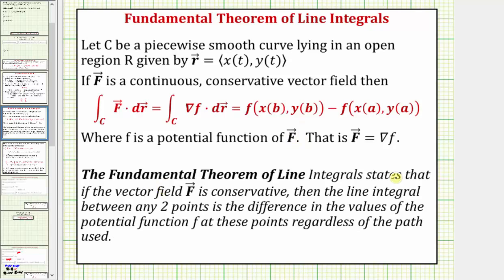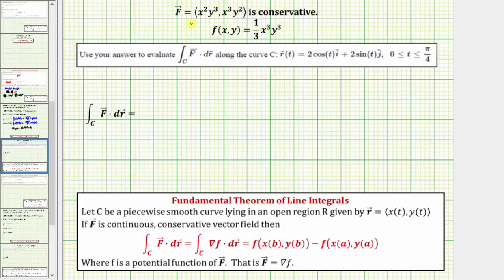So this theorem is telling us that if a vector field is conservative, then the line integral between any 2 points is a difference in the values of the potential function at these 2 points regardless of the path used. So because we know the given vector field is conservative, and we now know the potential function f of x comma y, we can use this to evaluate the line integral along the curve C of f dot differential r.